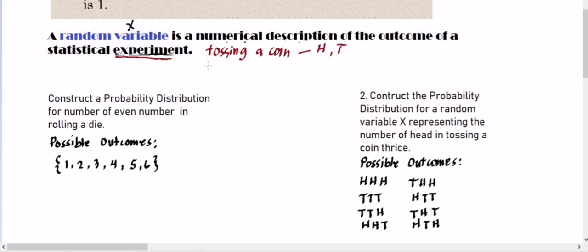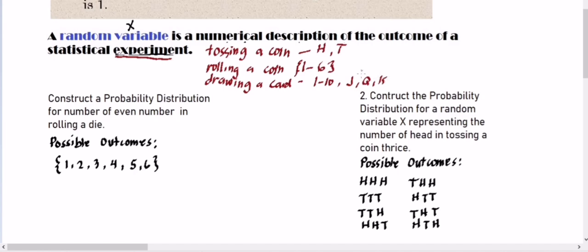Then we also have rolling a die, wherein the possible outcomes are numbers from 1 to 6. Then we also have drawing a card. Yun yung mga jack, queen, king, ace, and numbers from 1 to 10. So yung numbers from 1 to 10, tapos jack, queen, king, etc.